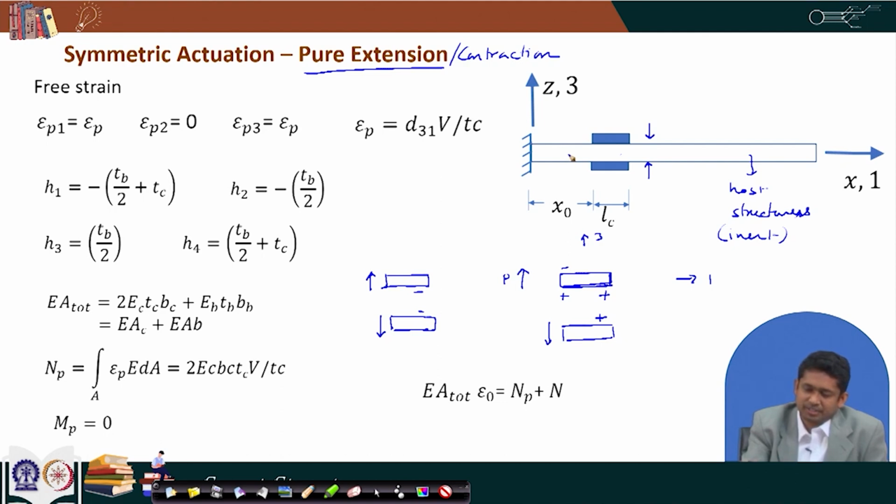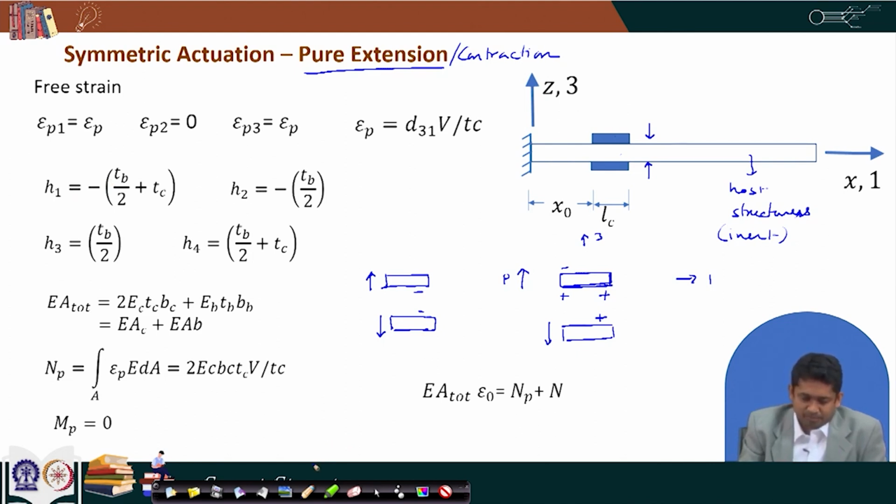So, the free strain is 0 here, and epsilon P3 means this material, it has the same free strain epsilon P, and the free strain is d31 V by tc. Now, whether the V is positive or negative, we are not going to go there, it is just a V and it is the same. So, we have defined what it means by actuating in the same fashion to cause a pure extension or contraction, and it results in this kind of free strain distribution.